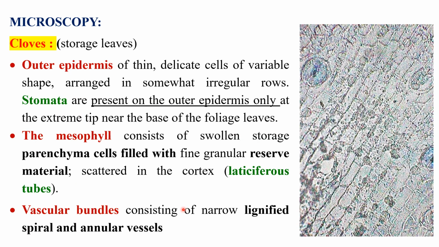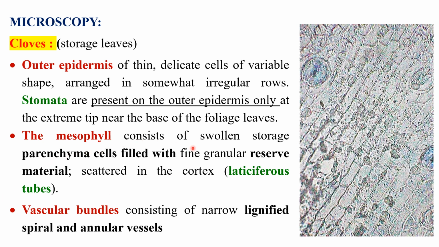In this slide, we are going to discuss the structure of the cloves of the garlic. It contains the following layers. The outer epidermis consists of thin, delicate cells of variable shape arranged in somewhat irregular rows. The stomata are present on the outer epidermis only and at the extreme tip near the base of the foliage leaves. The stomata here, as you can see in this photo, are very big and near the extremity.